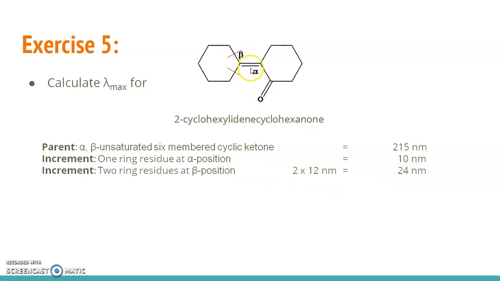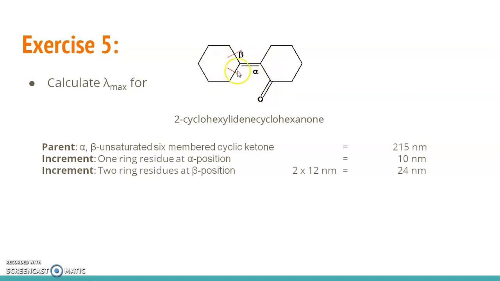And if there are any exocyclic double bonds, I can see some exocyclic double bonds to two rings. If I take this as ring A, I have one exocyclic double bond here. If I take this as ring B, I can see one more exocyclic double bond here.